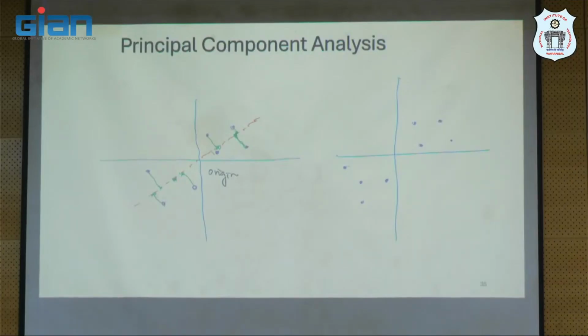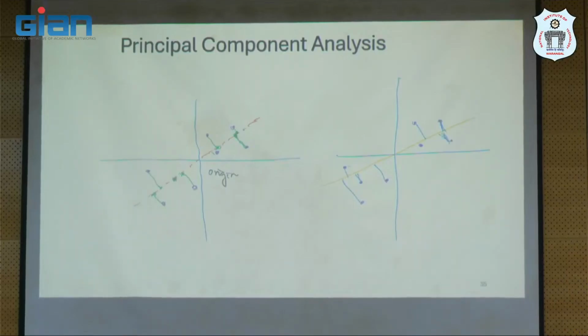I can also have another line like this passing through the origin. So the orange line is slightly different than the red line, as you can see. Then I can have my projections of my purple points onto the orange line. So these are projections, basically the perpendiculars dropped onto the line.